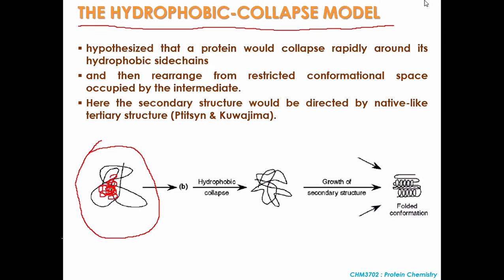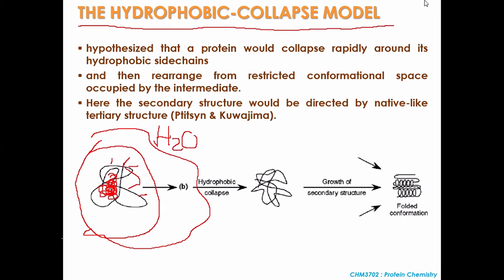Semua amino acid yang hydrophobic dia akan letak dekat dalam, and then the hydrophilic amino acid dia letak dekat luar. Because what? Because dekat luar ni semua air kan, H2O. So the protein will arrange themselves to put all hydrophobic amino acid inside in the internal part, and the hydrophilic amino acid outside on the surface.